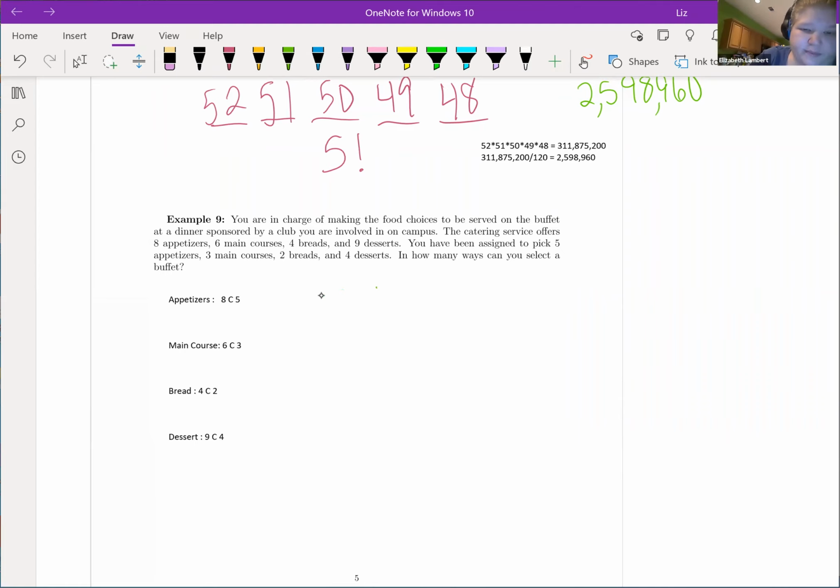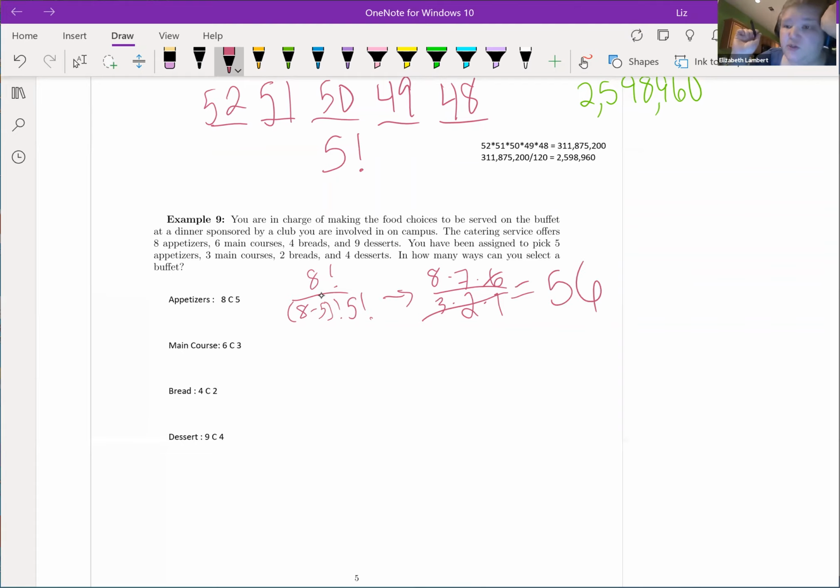All right. 8 factorial over 8 minus 5 factorial, which is only 3 factorial, but times 5 factorial. So that gives us 8 times 7 times 6 over 3 times 2 times 1, which gives us 56. So there's 56 appetizer menu selections.